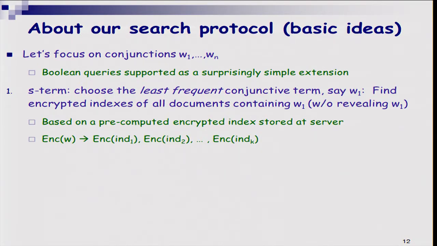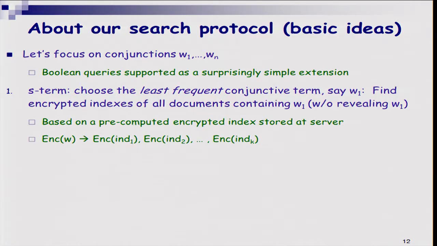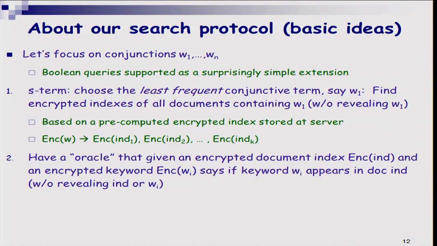And what we build at pre-computation is, you store for every encrypted keyword a list of the documents that contain that keyword. All of that is encrypted. So you have the list from the encryption of W to the encryption of the indexes. This is not exactly encryptions, this is more PRFs, but this is the idea. So that's one element in the pre-processing.